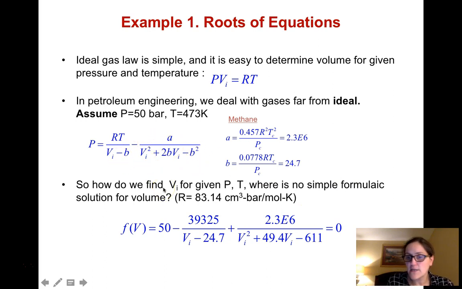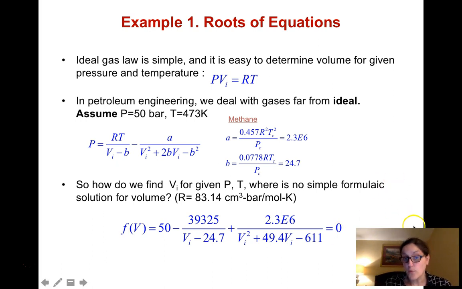We formalize this as a function of volume, such that for given pressure and temperature, let's say 50 bars and a temperature of 473 K, I put everything on one side, so I'll have pressure minus all of these terms. So pressure minus this term plus this term is equal to 0. I have formalized that in this expression, f of something, in this case v, is equal to 0.